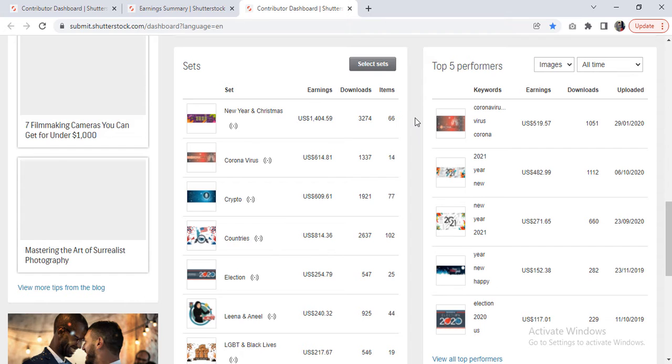So that important factor that I have understood so far is the timing of when you upload your design and when you bring that to the competition. Now if you notice here, I have my top 5 performers, and by performer I mean single designs. Here are the sets and here are just single designs.